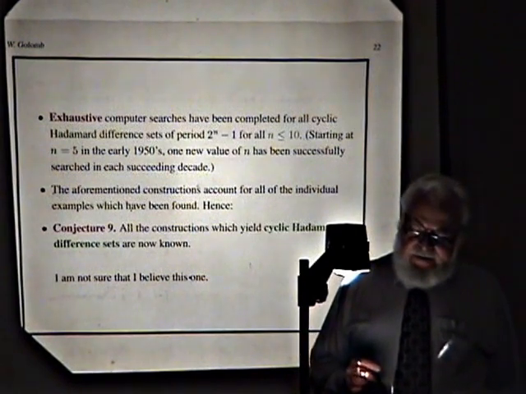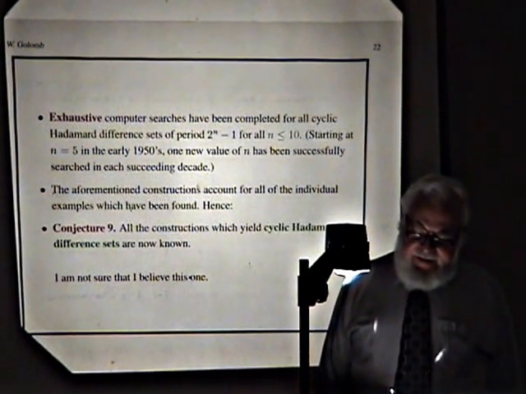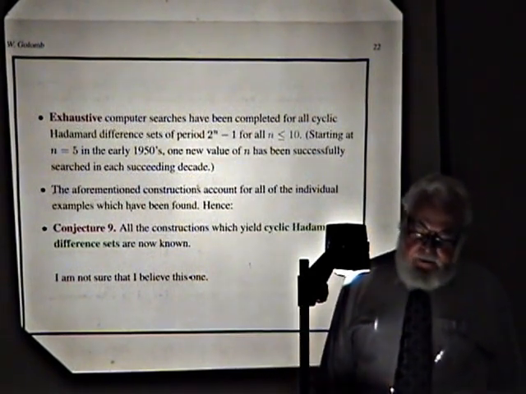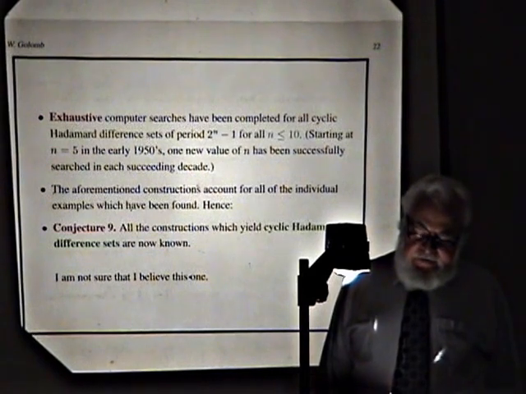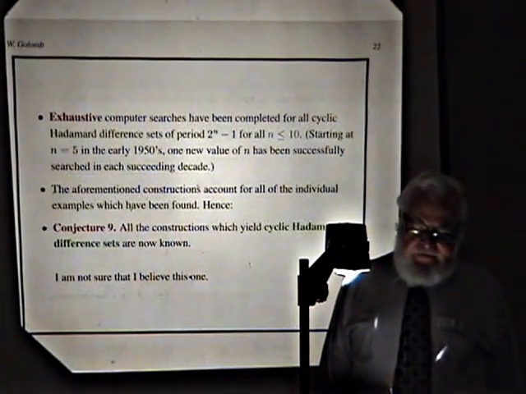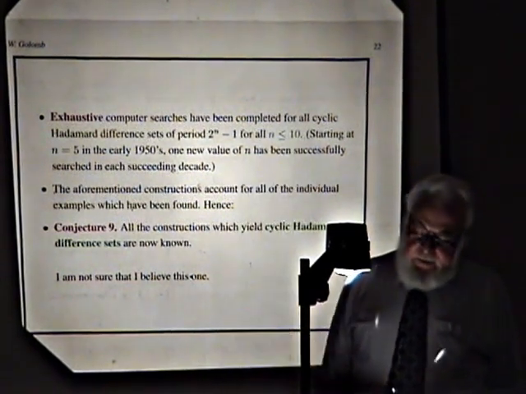The magnitude of the search increases by 2 or 3 orders of magnitude each time you increase n by 1. Peter Golomb had to find a very clever way of almost redefining the problem to make the case searchable at n equals 10.